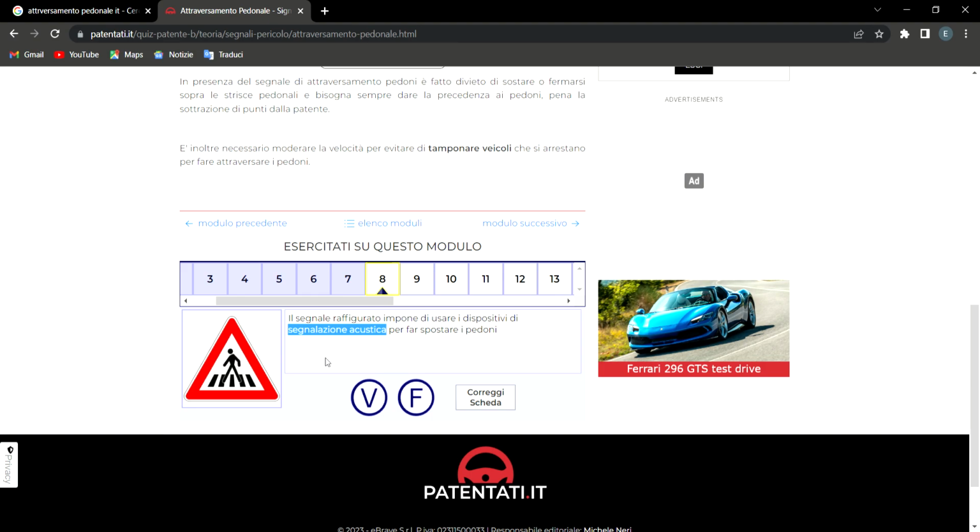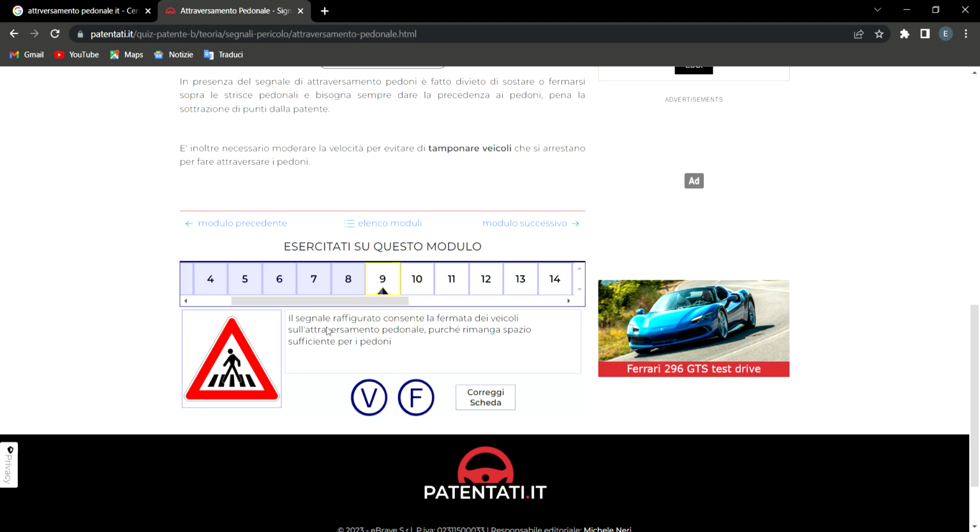No, whenever you are driving on this road and you come across someone trying to cross, you don't need to horn your vehicle. All you need to do is wait, apply more patience, wait until the pedestrian has crossed before you continue driving. So this very one is false.